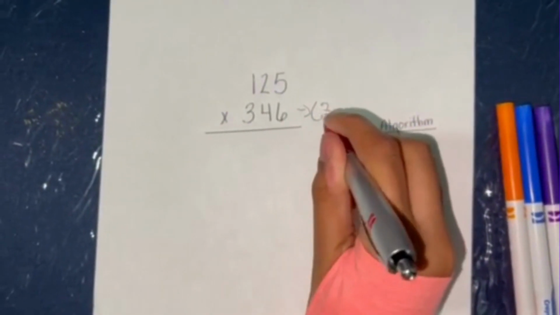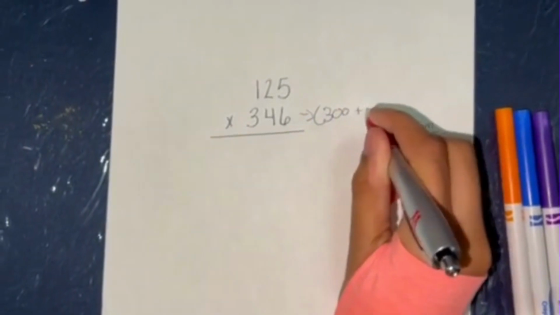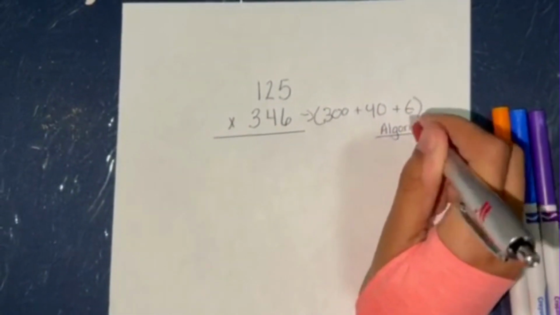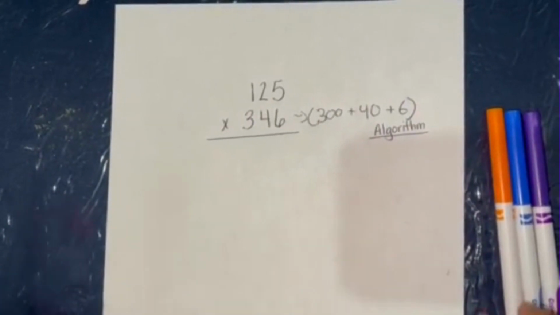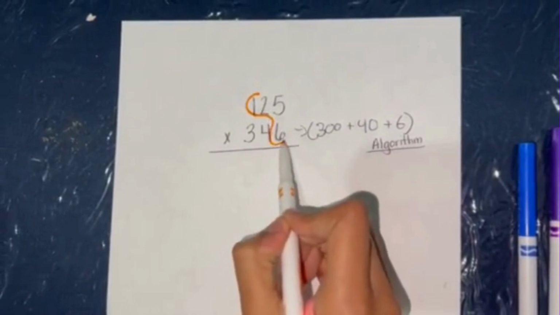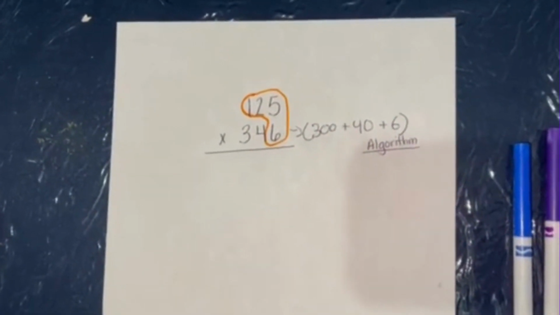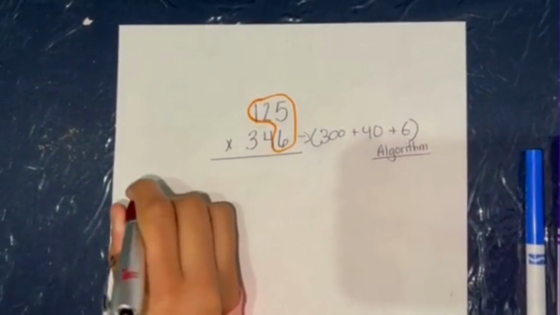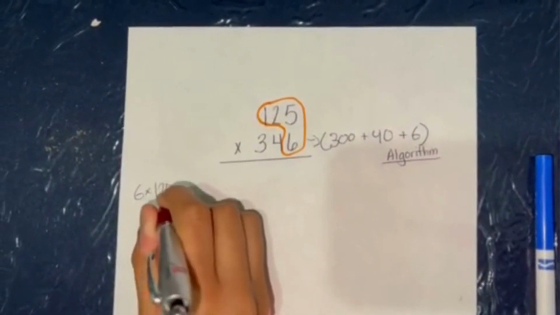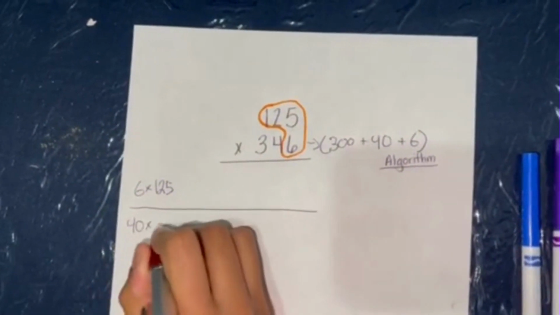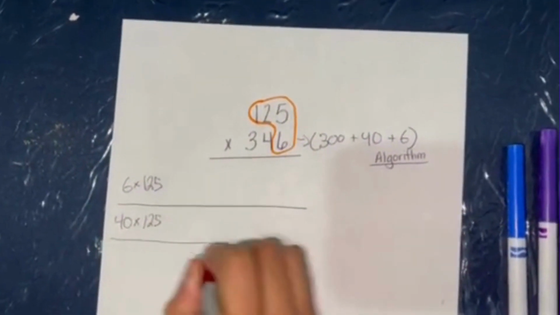Decomposed, it is 300 plus 40 plus 6. So, again, I'm still going to color code. And we're going to write our rows. 6 times 125. 40 times 125.